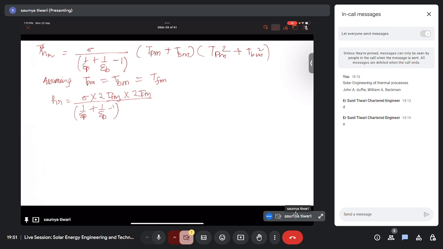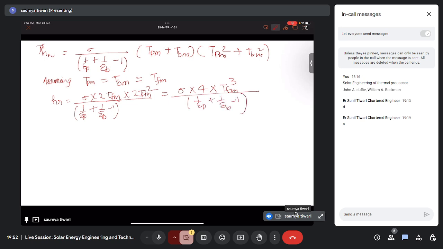So it will be sigma into 4 into TFM, the fluid mean temperature, to the power 3, upon 1 by epsilon p plus 1 by epsilon b minus 1.